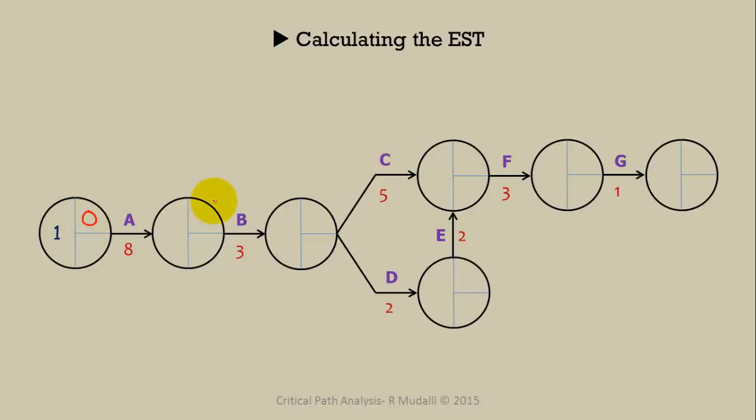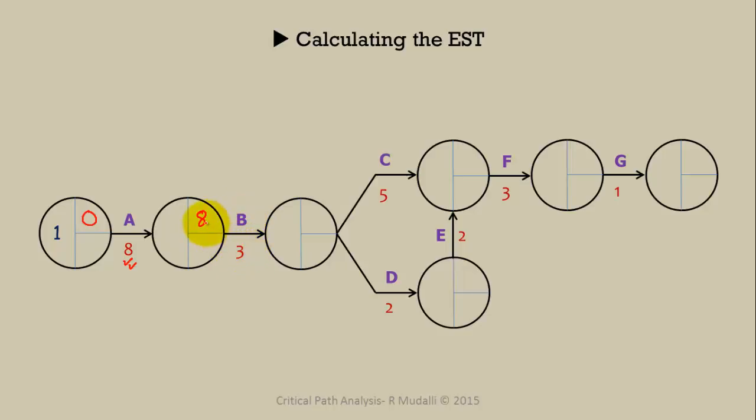I take this EST, I add it to the duration of activity A, which is 8 days. 0 added to 8 gives us a total of 8 days. That's fine. Now 8 days added to the duration of activity B, which is 3 days.